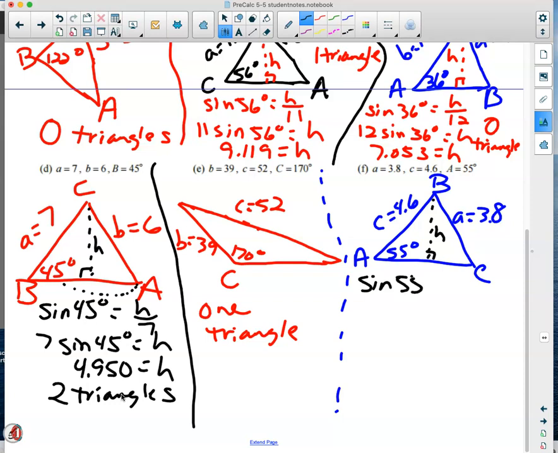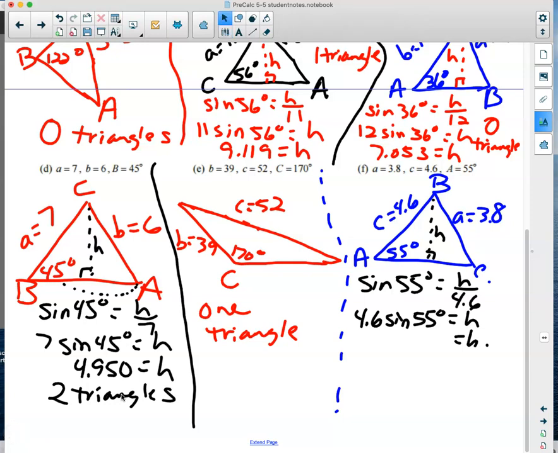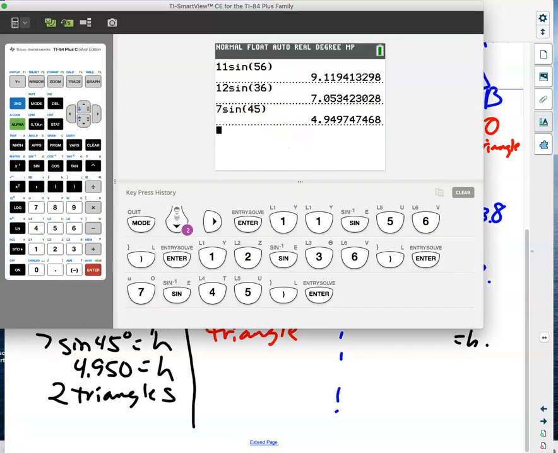The sine of 55 degrees equals 3.8. Oops. Equals h over 4.6. Looking at the wrong triangle over there. So 4.6 sine of 55 degrees is h. And we'll pop it in and see what we get.